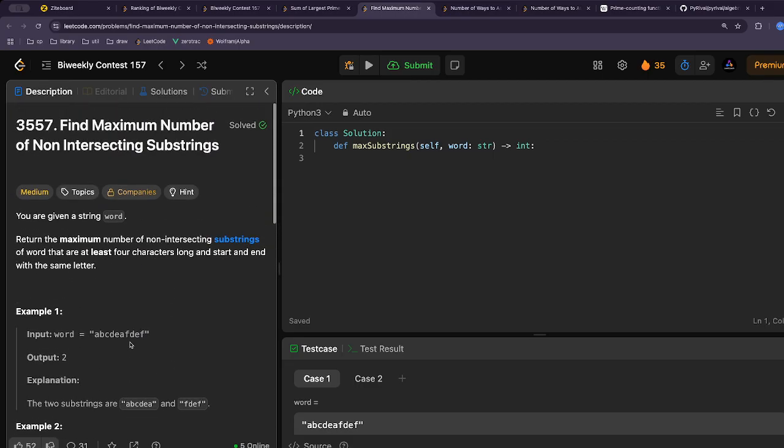Okay, so there are 2 ways of thinking about this problem.